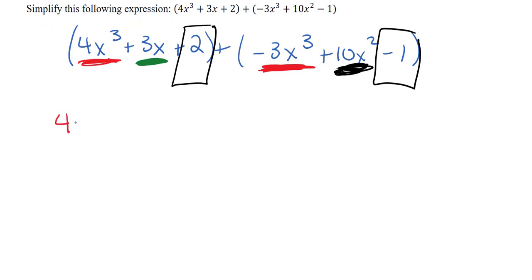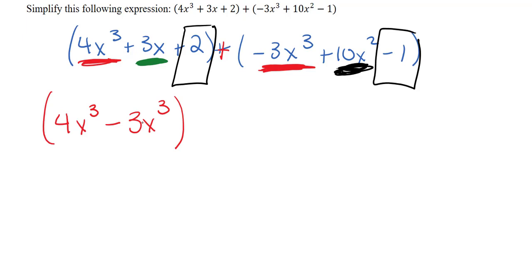So if we have 4x to the third and then minus 3x to the cubed, we'll put that in parentheses, since we'll need to add those together. Now notice we could go 4x to the third plus negative 3x to the cubed, or we could just go 4x to the third minus 3x to the third, which means the exact same thing.